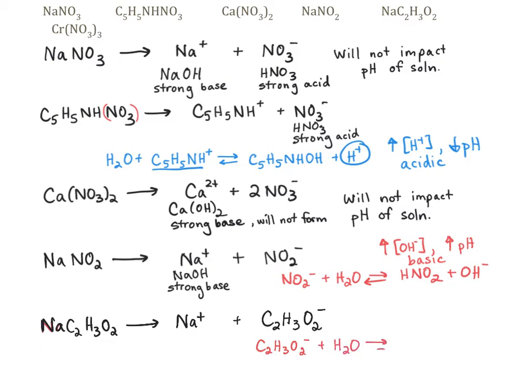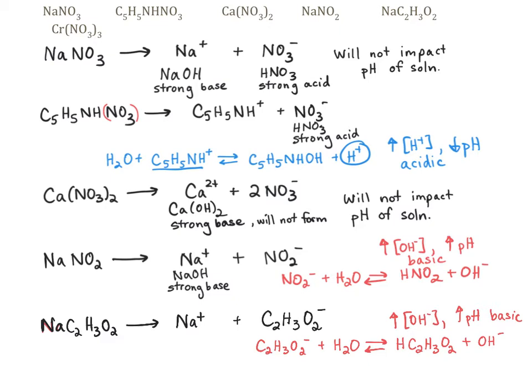Since the ion is an anion, it has the potential to pick up a hydrogen from the water, which means that there'll be more hydroxide floating around in the solution. And when you have more hydroxide, that increases the pH and makes the solution more basic.